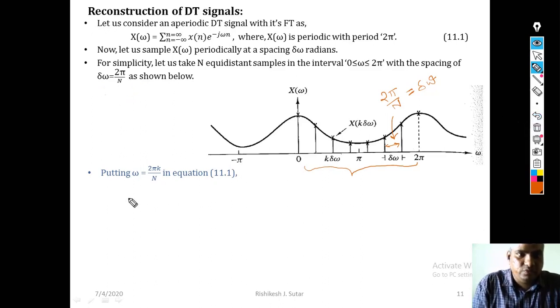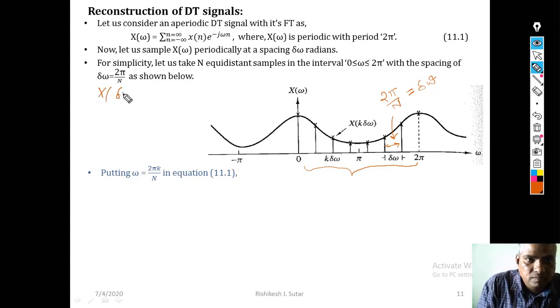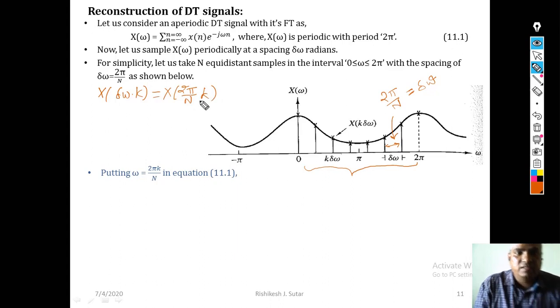What is delta omega? It is 2 pi by N, that we have seen, 2 pi by N multiplied by k. So it is 2 pi by capital N k.